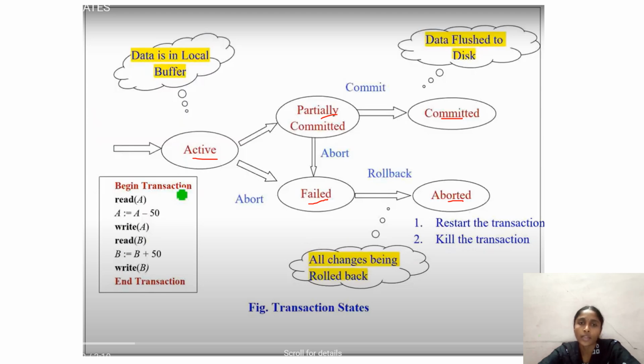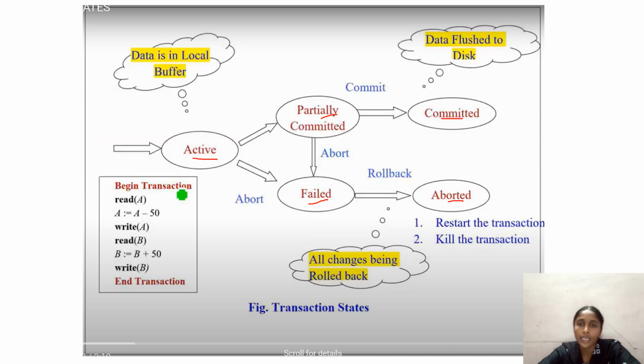If the transaction moves from the active state to the partially committed state, it means all the operations in the transaction have been completed successfully, without any delay or inconsistencies.